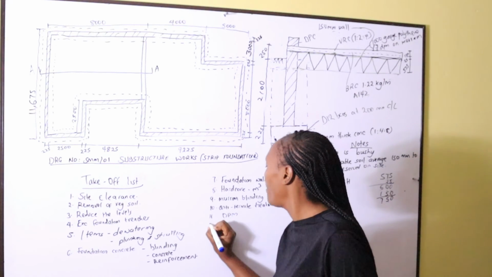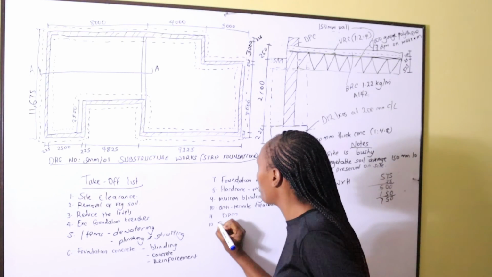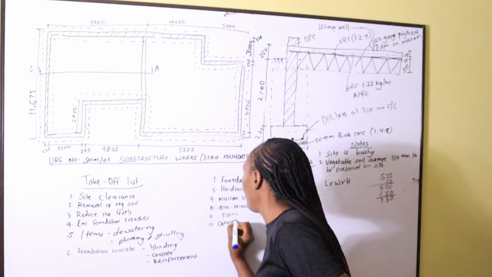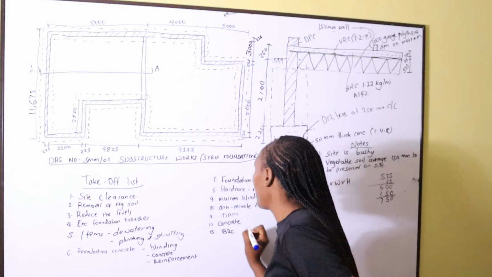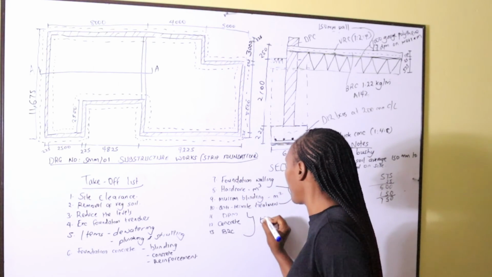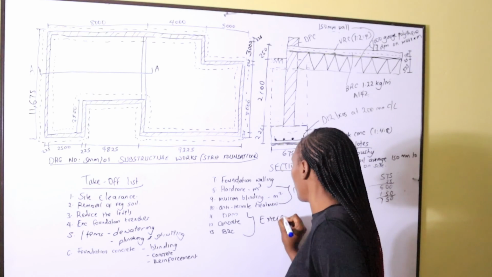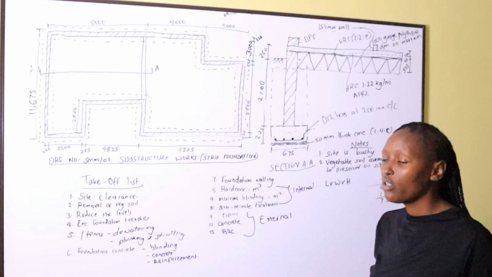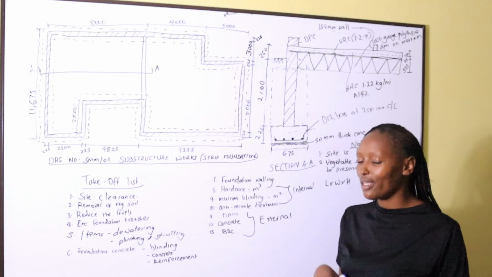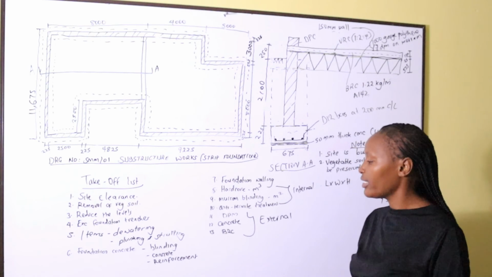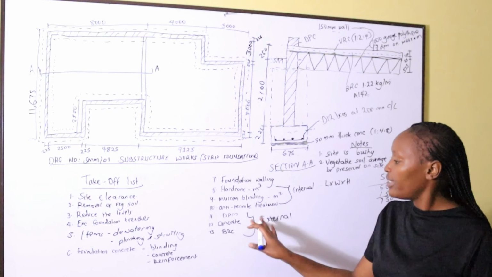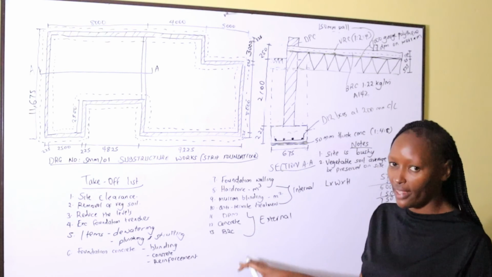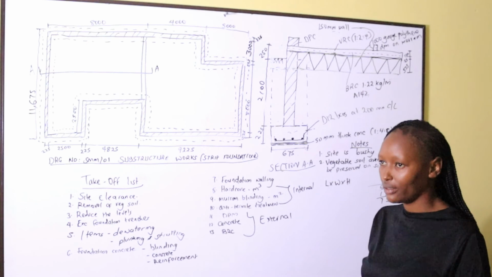Then for the DPM, together with the concrete, and the BRC inside the concrete, all these we usually take using the external dimensions. So we shall take the external length and the external width. Then we are done with the DPM, the concrete, and the BRC.